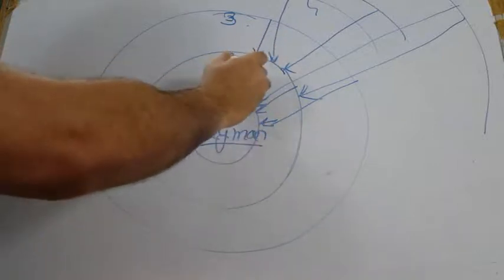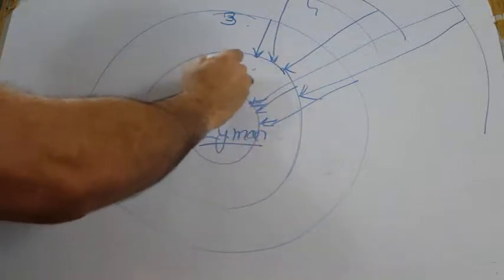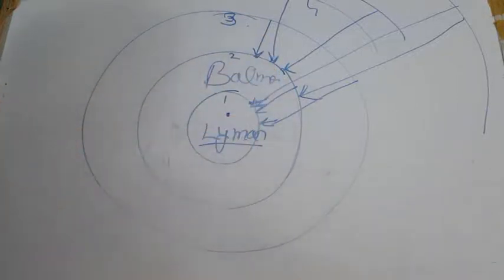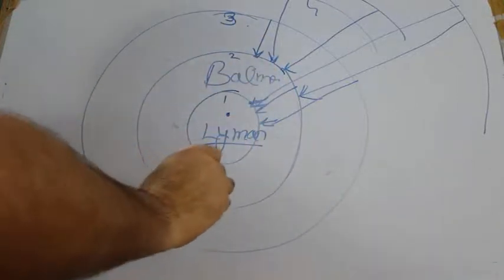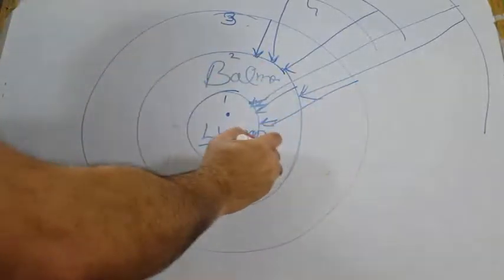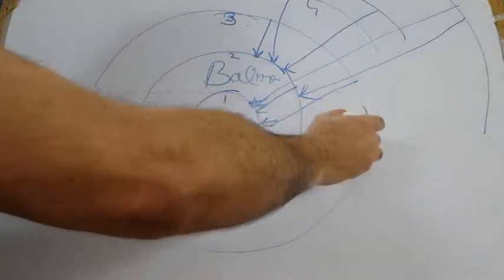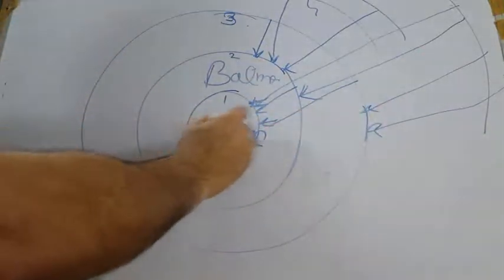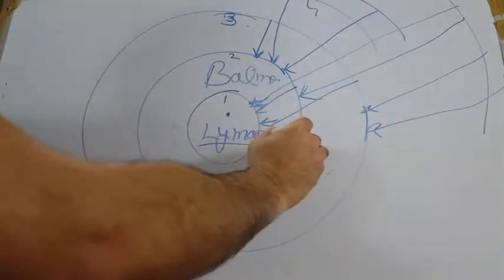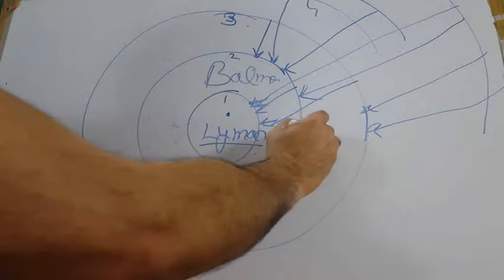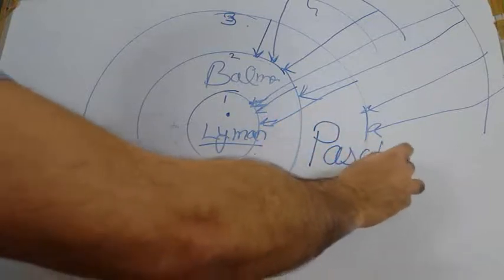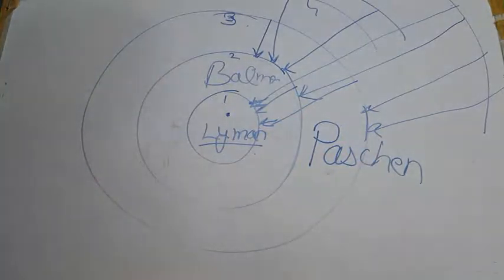If it comes to the second, then that is the Balmer series. And if it comes to the third level from any higher level, then that is the Paschen series.